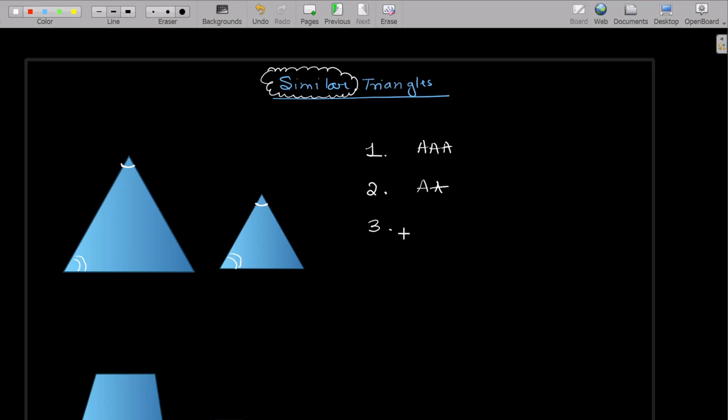The third one is if all the three sides are in proportion. So let's say this is ABC and PQR.